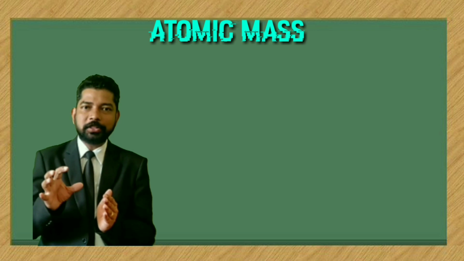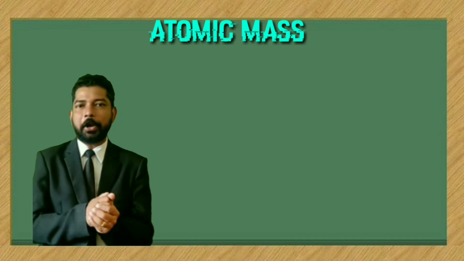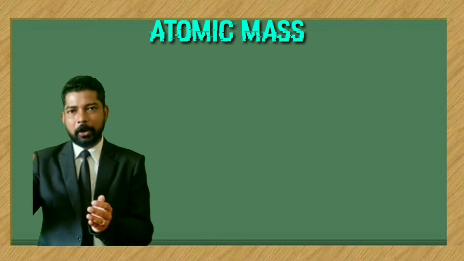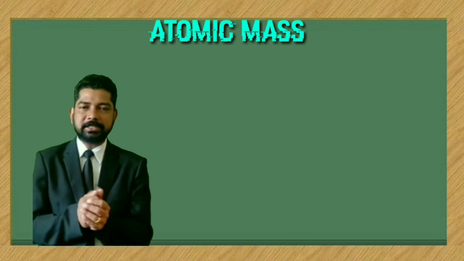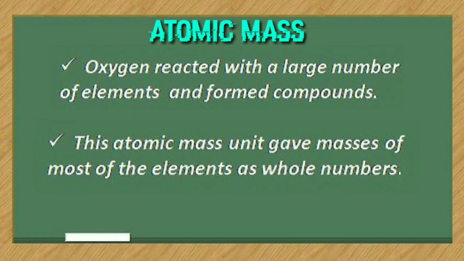They selected oxygen. We may ask why they have selected oxygen. They have selected oxygen due to these reasons. Oxygen reacts with a large number of elements and forms compounds.